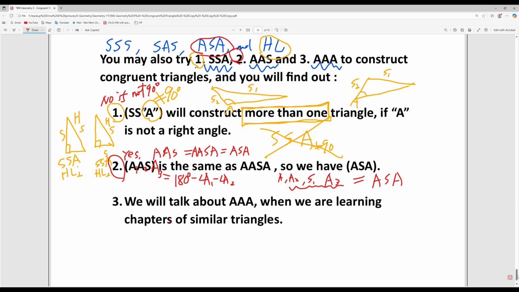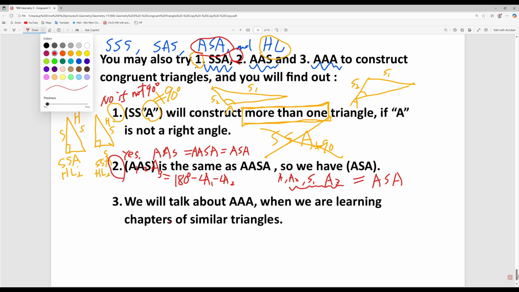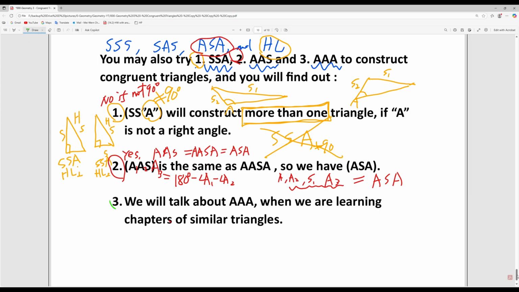And number 3 is something very interesting. You have only angles, only provide the angles.